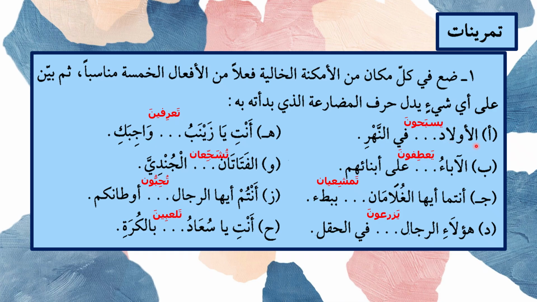So the first one, al-awlad. Al-awlad, now this is a male noun. So whatever af'al al khamsa you will choose accordingly. Fin nahri. So what are they doing in the nahr, in the river? Yes, yasbahun. And are you mukhatib to them? No, we are not mukhatib. So we will choose an af'al al khamsa from the ghaib.